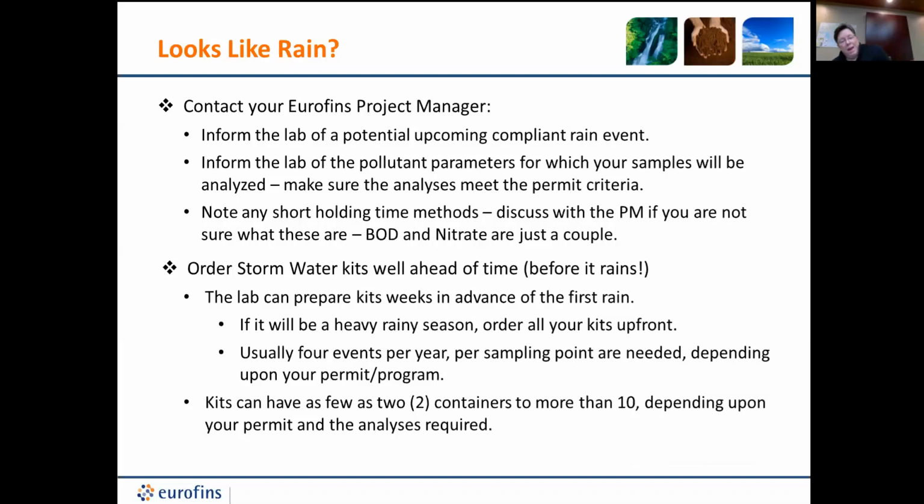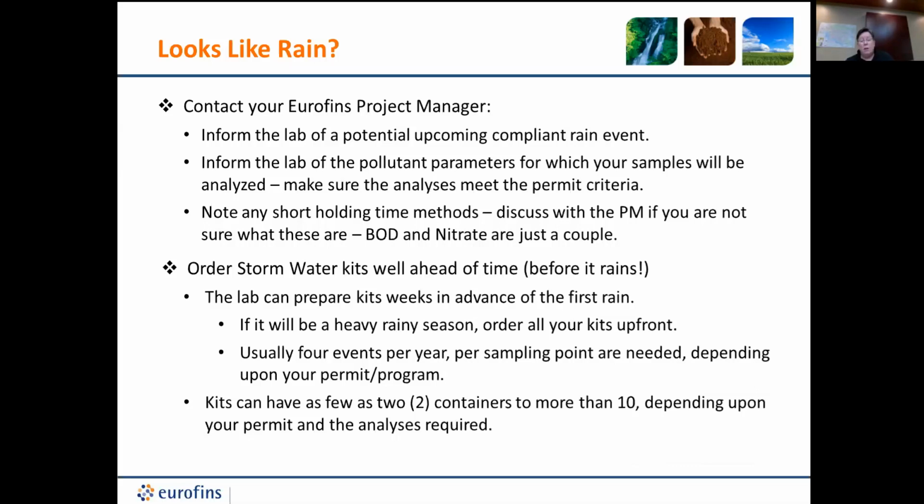And tied in with that, if you need a stormwater kit, your bottles and COCs, let us know well ahead of time before it rains. We get a lot of calls at the last minute here saying, oh, I hear it's going to rain today, I need a kit. We prefer to prepare these kits weeks in advance and get them out to you so you're prepared to go to the field when it looks like it's going to rain.